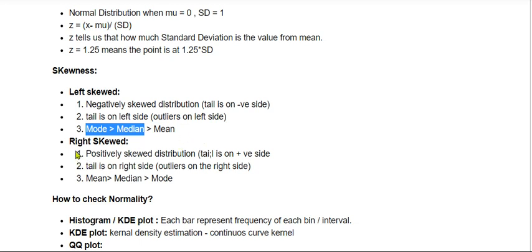Right skewed means positively skewed. The tail is on the positive or right side, the outliers lie on the right side, and the mean is greater than the median, which is greater than the mode.